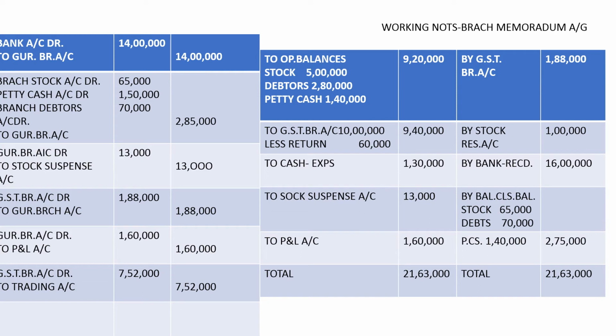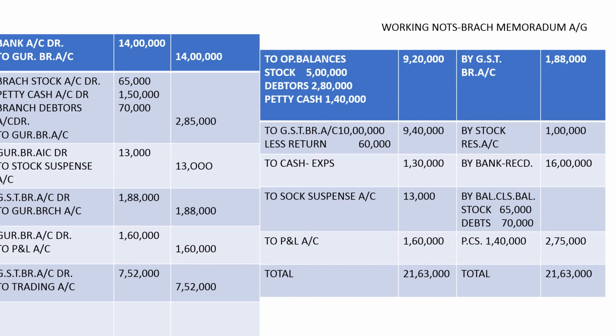Now, whatever branch has paid in the bank account of head office, bank account debit to Gurgaon branch account 14 lakh, because daily sales of branch is deposited in the bank account of head office.